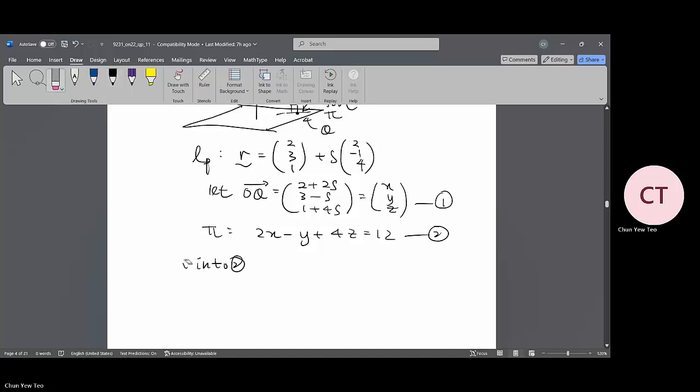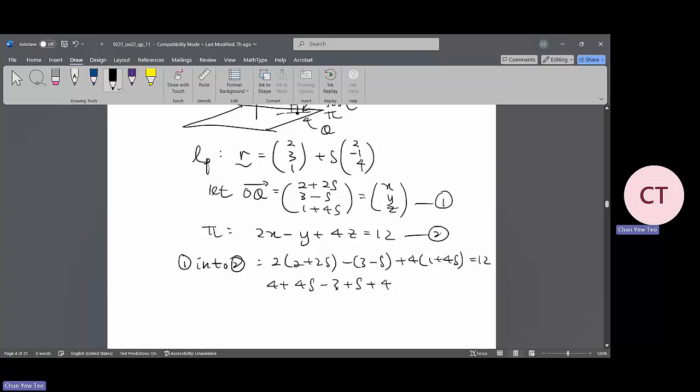Then you will get 2x minus y plus 4z is equal to 12. So you get 4 plus 4s minus (3 plus s) plus 4 plus 16s is equal to 12.